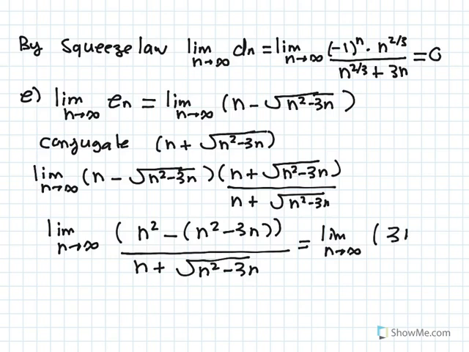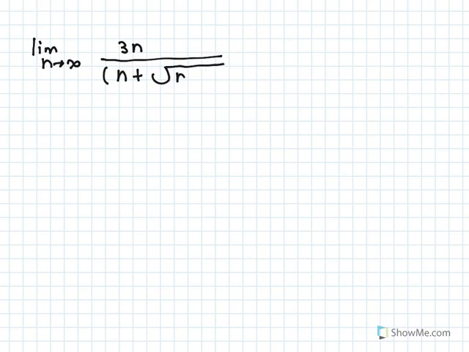We just get 3n in the numerator. In the denominator, we just have n plus root of n squared minus 3n. All right, so we have the limit as n goes to infinity of 3n divided by n plus the square root of n squared minus 3n.